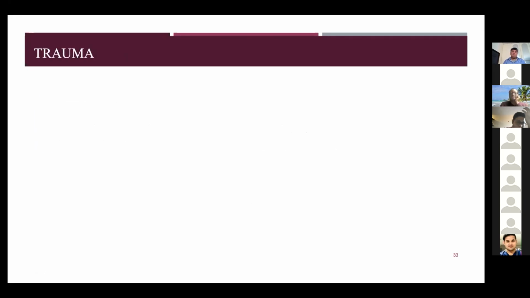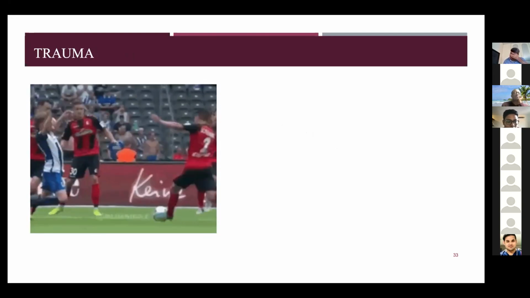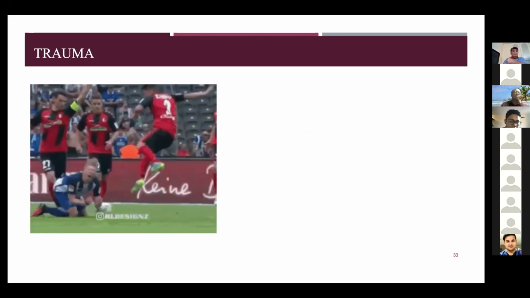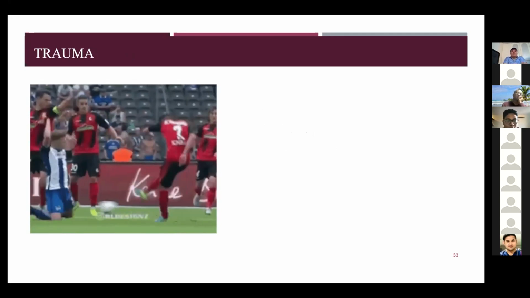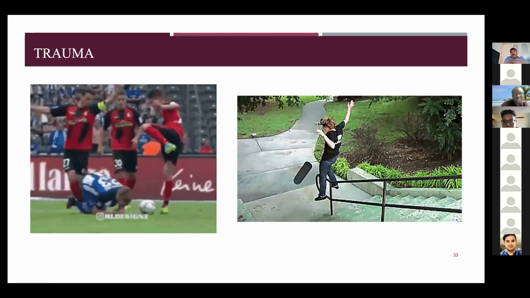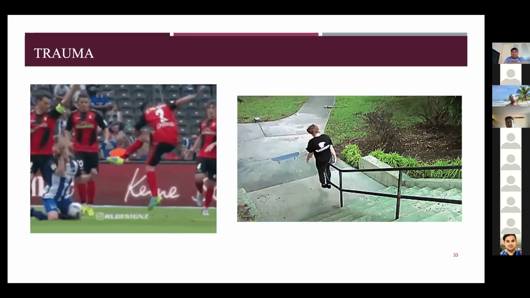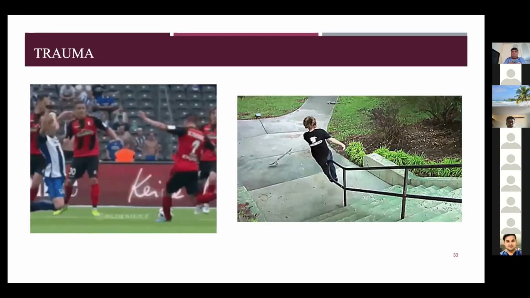Blunt trauma of the scrotum or testes can occur usually in contact sports such as football, basketball, or rugby, or may be entirely accidental and due to one of our misadventures.